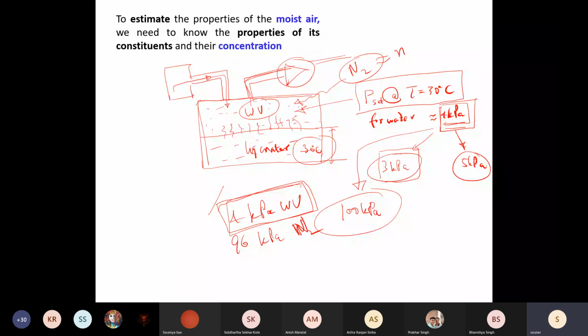So if you have a container which has air inside it and you have liquid water inside it, you connect it to a vacuum pump, you continue to draw vapor from that container, you will see that the water does not boil vigorously in the initial period.